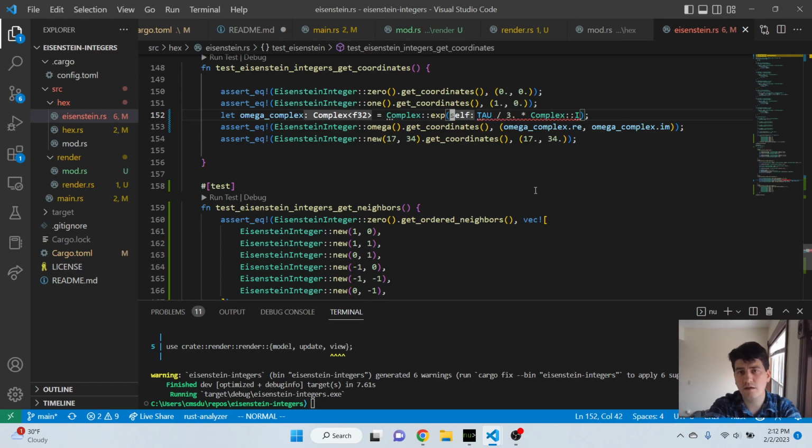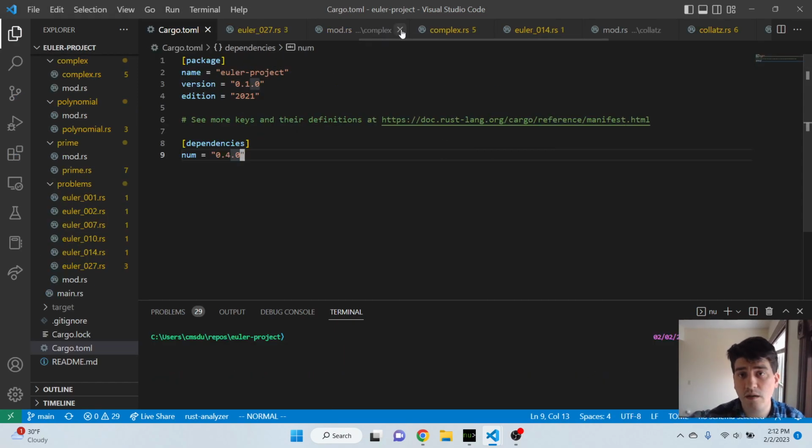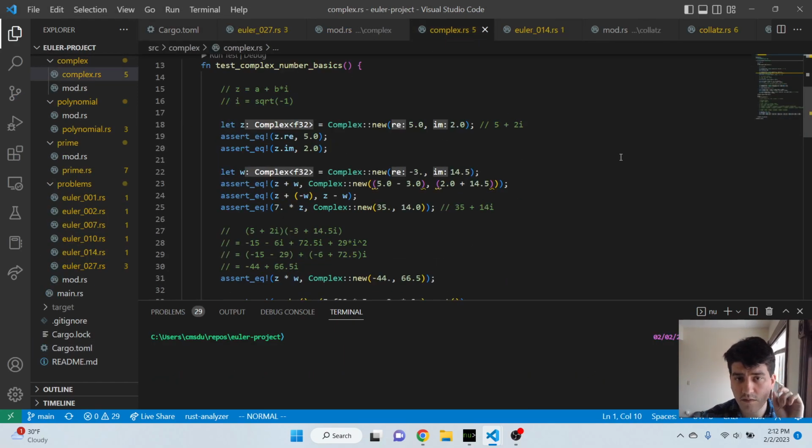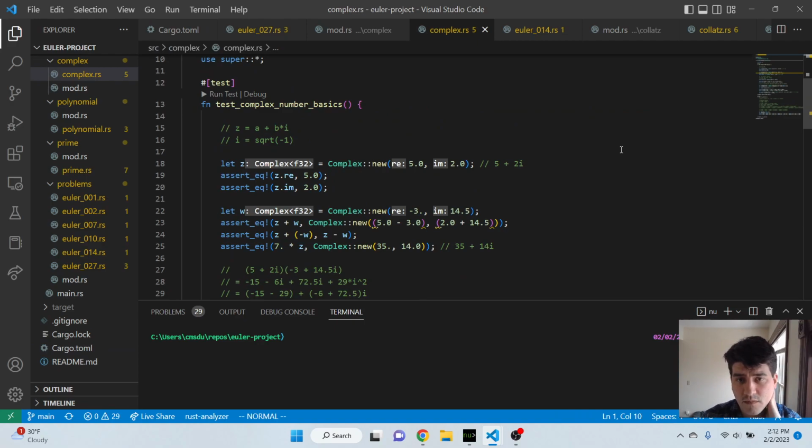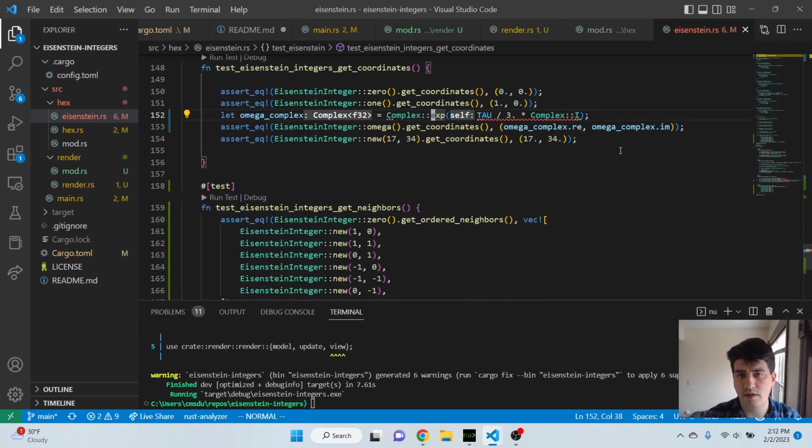And here, complex. How do we take things to a power? Complex new dot exponent.